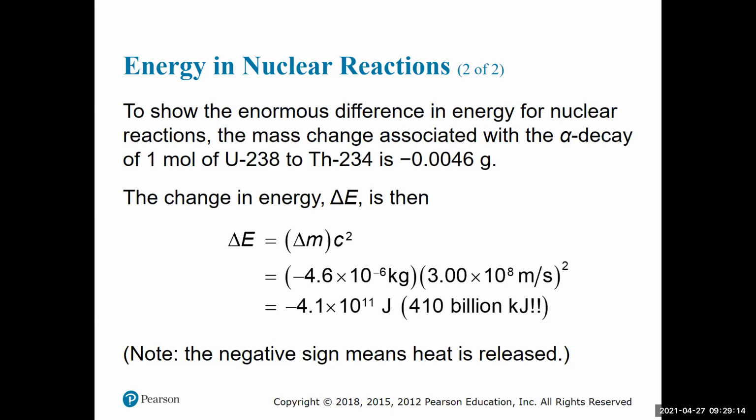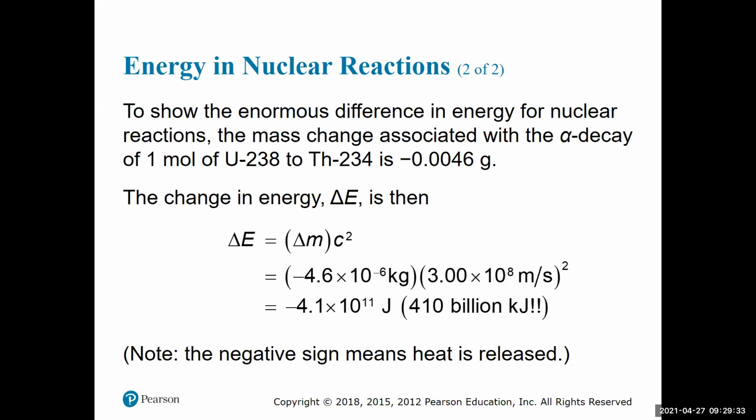So here we have uranium going to thorium, and we do our energy calculation for 1 mole doing that transition with an alpha decay. And you go ahead and do the calculation.